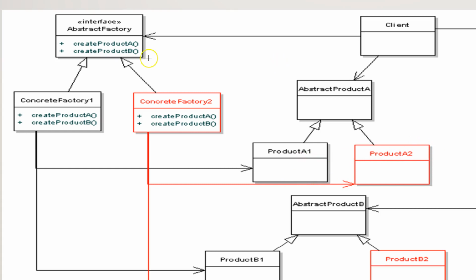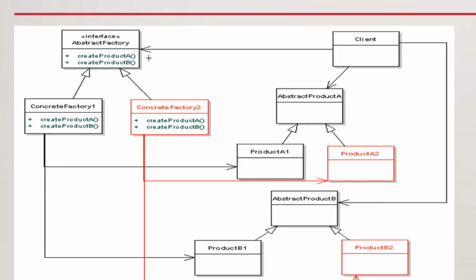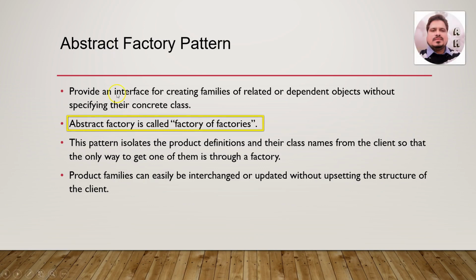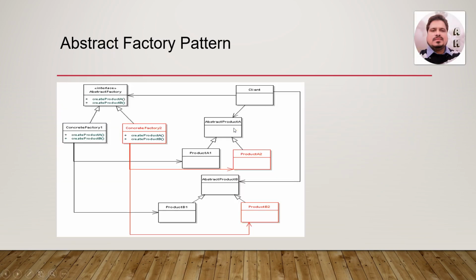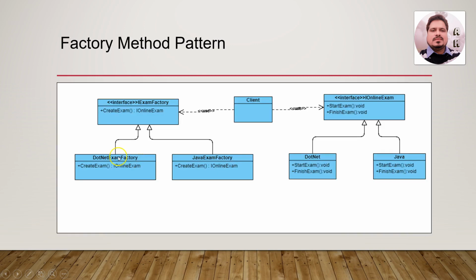So that exactly is the first point: abstract factory is called a factory of factories. Factory of factories in the sense that an exam factory has a single method, createExam, returning a single object. We can say this is one factory.